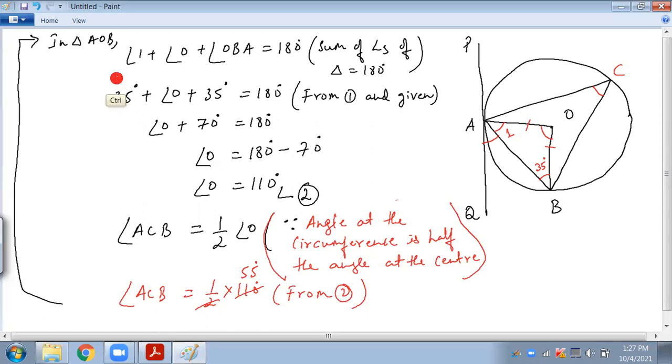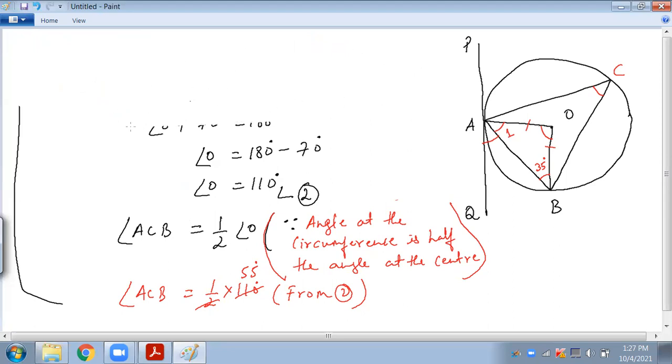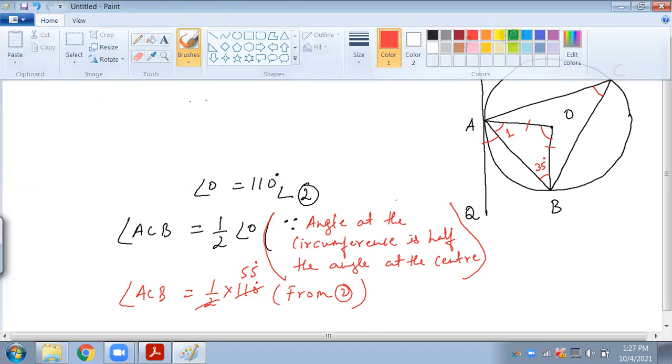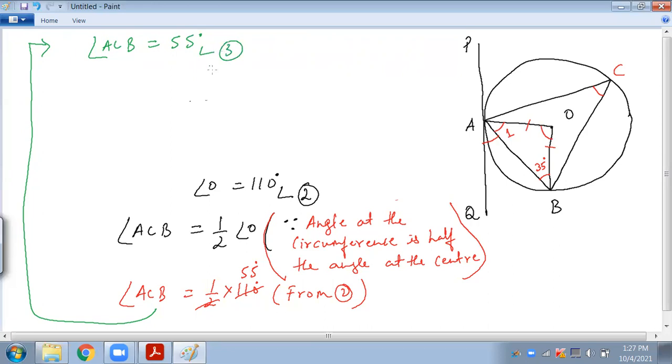I will be needing some space, so I'm erasing the first part again. So angle ACB is 55 degrees, and we can mark it 3.